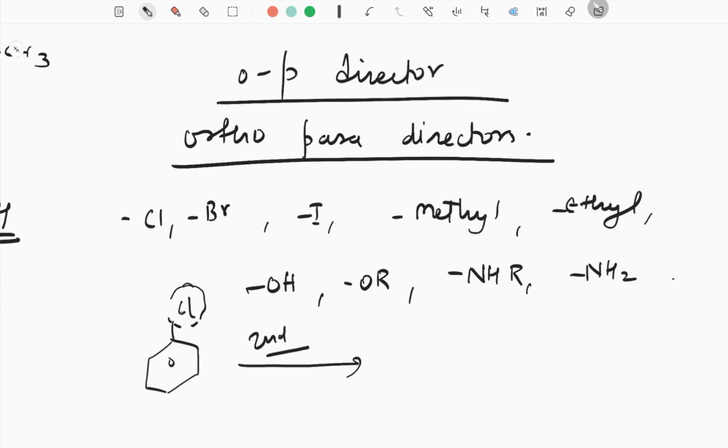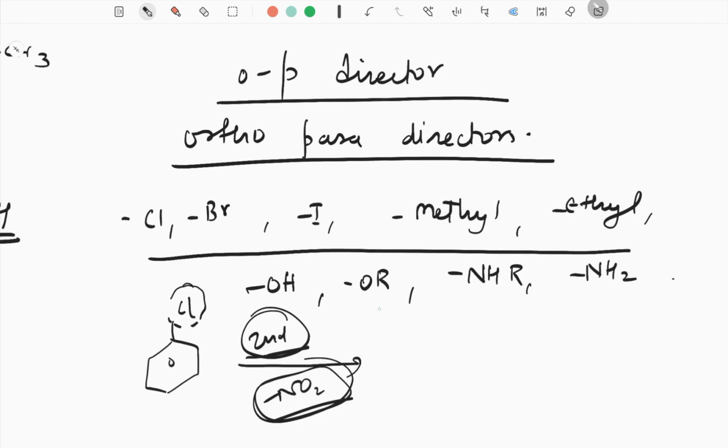Like if chlorine is attached prior to the second one, for example NO2, NO2 is a meta director, not an ortho para director. So it depends upon the chlorine, the prior one, where NO2 will be attached to the benzene ring.